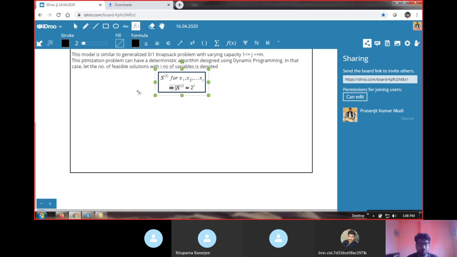So if the number of feasible solutions is of the form 2 to the power of i, then S n will be 2 to the power of n. All these feasible solutions will be checked whether they belong to the optimal solution set or not. So the computational time is in the order of 2 to the power n, clear?